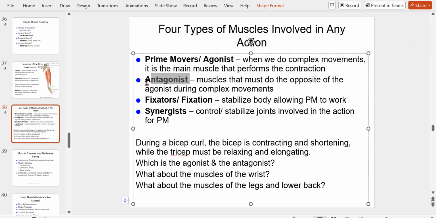The antagonist is the opposite. Now, what is the opposite muscle to the bicep? Well, look on the backside of your arm. You have a tricep. While the bicep is involved in pulling, the tricep is involved in pushing. So prime movers, also called your agonist, are the main muscle group working the action.